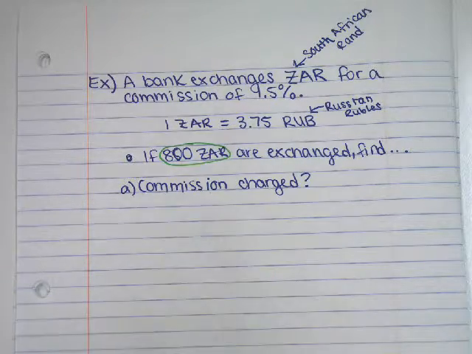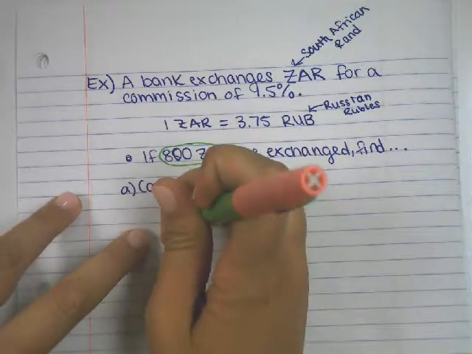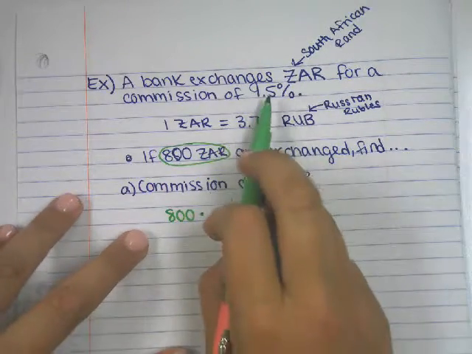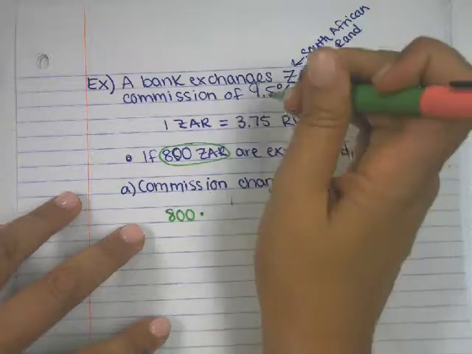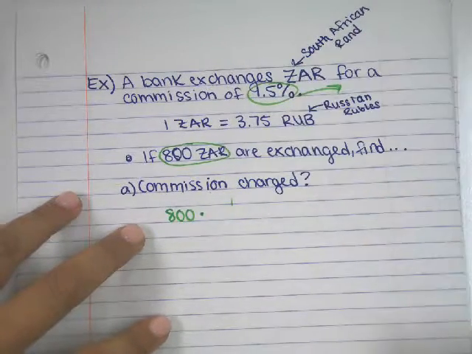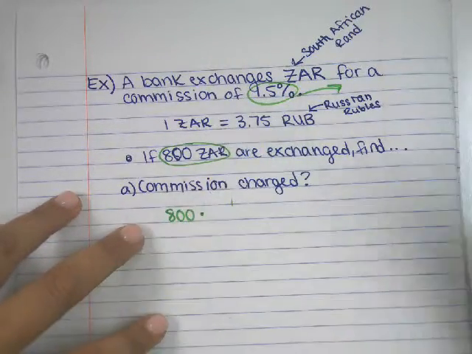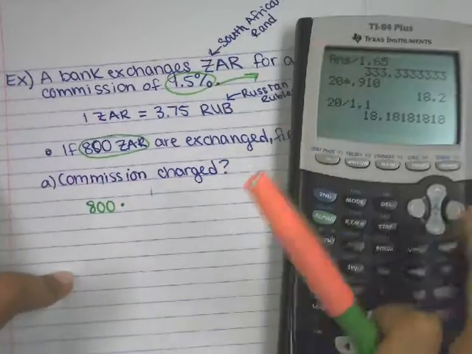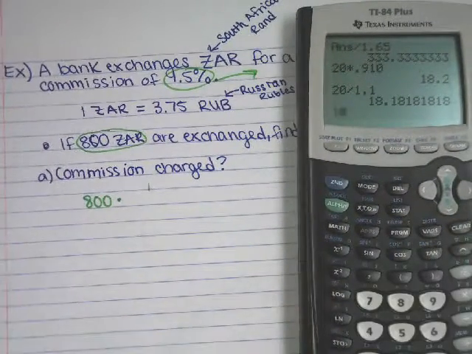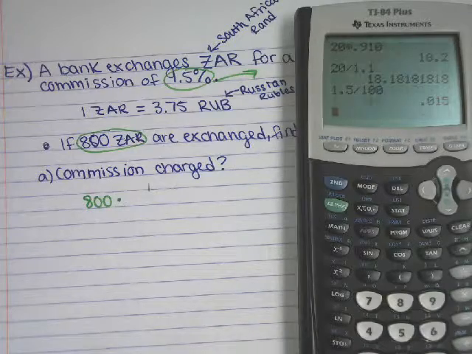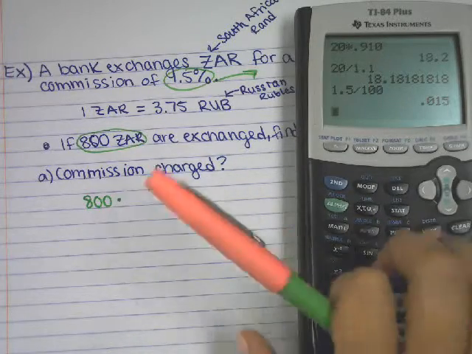Okay? So we say 800 times 1.5%. Percent to a decimal. So 1.5%, percents are out of 100. So a couple ways you can do this. 1.5 out of 100 gives me a 0.015.